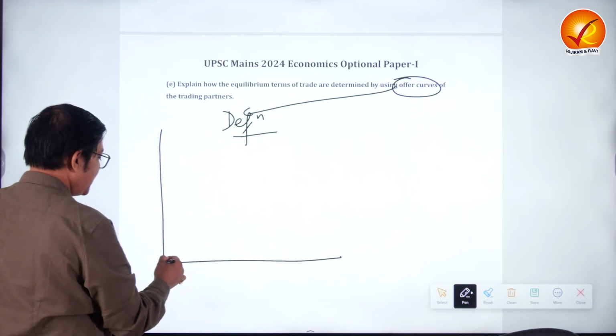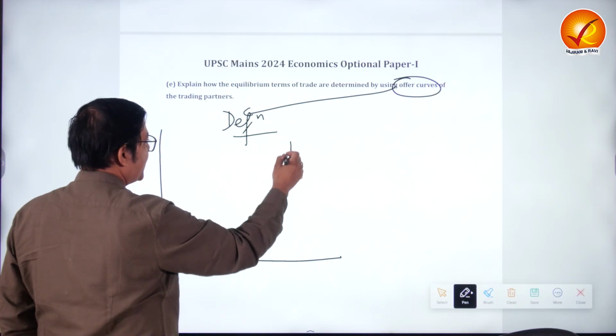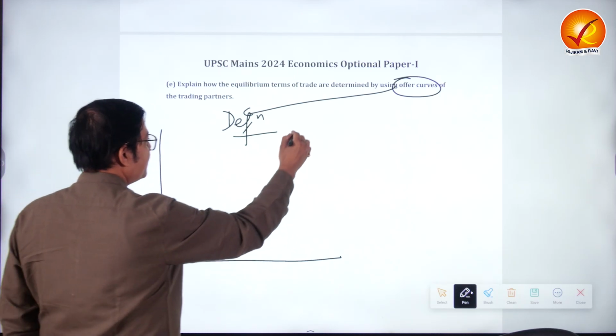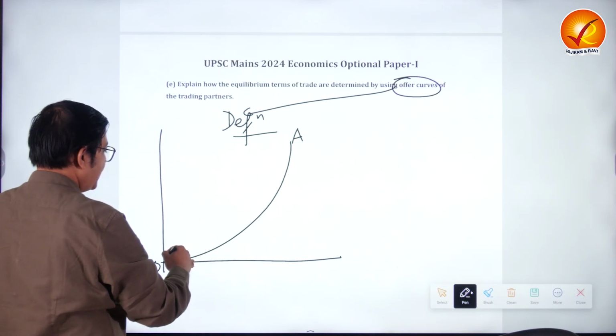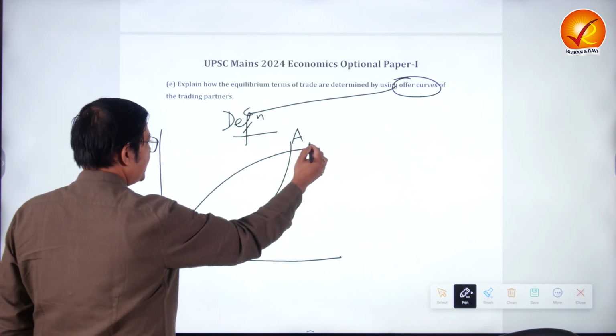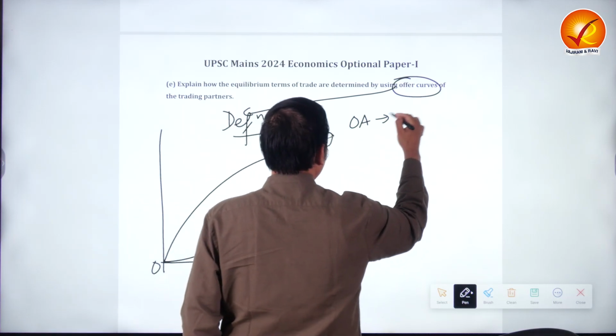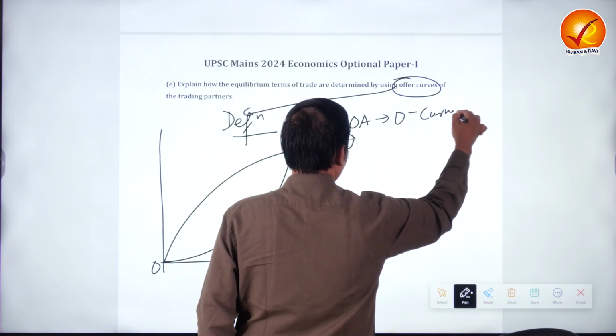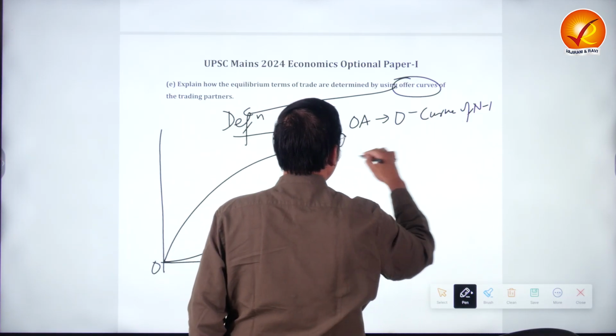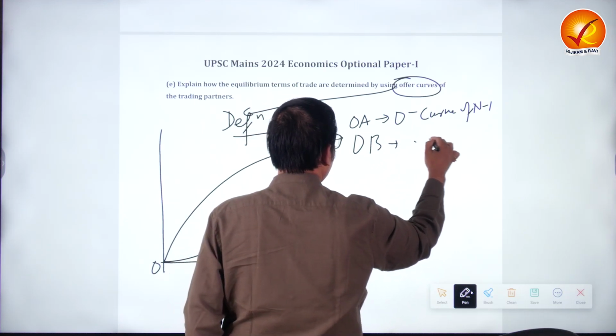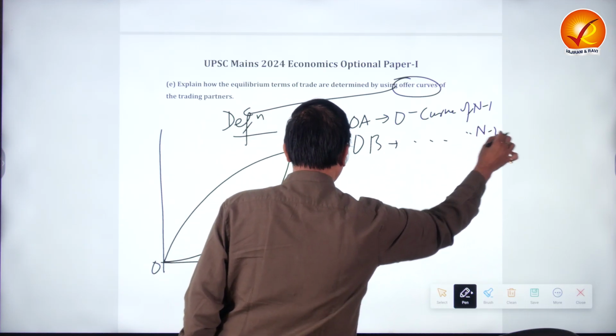So suppose this is the offer curve of one country, call it OA, and this is the offer curve of the other country, call it OB. Here OA is the offer curve of nation 1 and OB is the offer curve of nation 2.